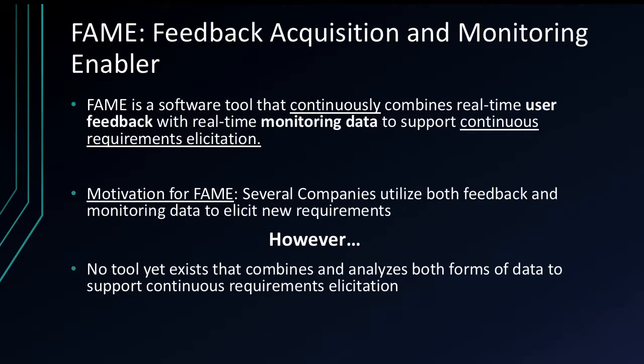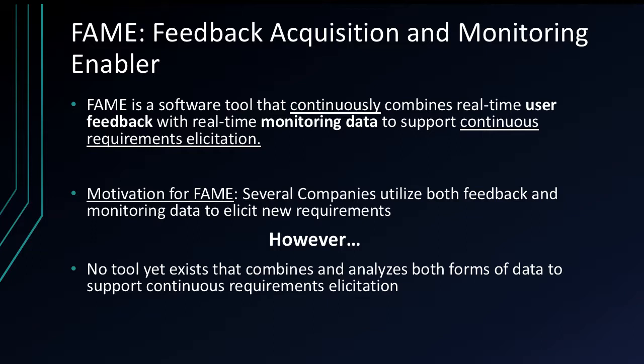So, in their paper, the authors present a software tool called FAME, and FAME stands for Feedback Acquisition and Monitoring Enabler. And the tool basically continuously combines real-time user feedback with real-time monitoring data to support continuous requirements elicitation.